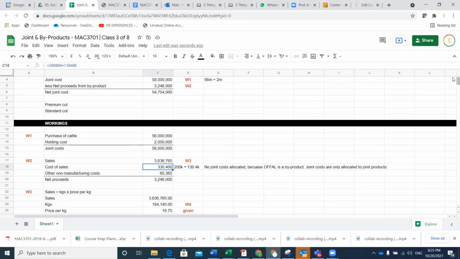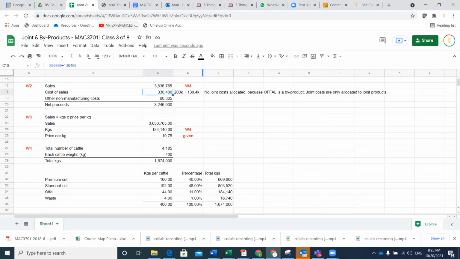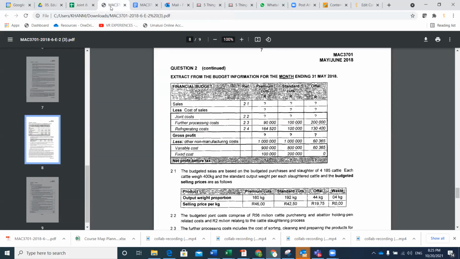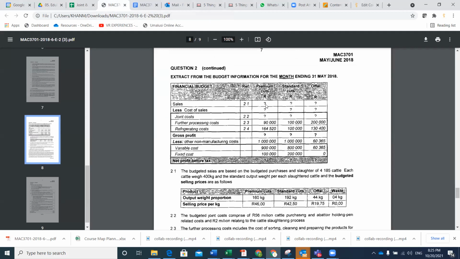Okay, now we need to get gross profit. Now we need a gross profit percentage. How do we get gross profit percentage? It's gross profit divided by sales, times 100. But we don't have gross profit, we don't have sales. So the question is, how are we going to get to this number?